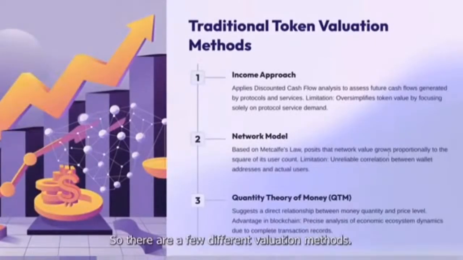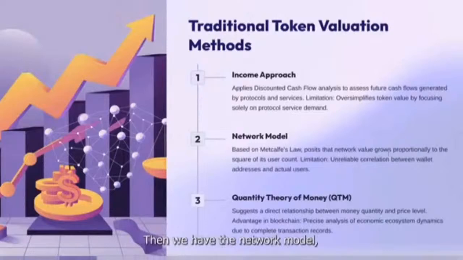There are a few different valuation methods, and this is where things get a bit heated, because there's no objective way to value different cryptocurrencies. A method that we've borrowed from more traditional financial theory is the income approach, which uses things like discounted cash flow analysis to assess future cash flows.